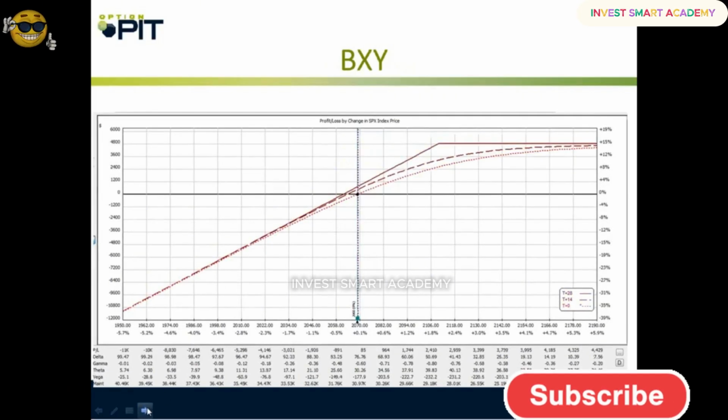And then BXY looks like this. So if I sell a put in SPX, and I take delivery and I cover it on Thursday, this is the monthly, but I'm going to talk about the weekly as well.